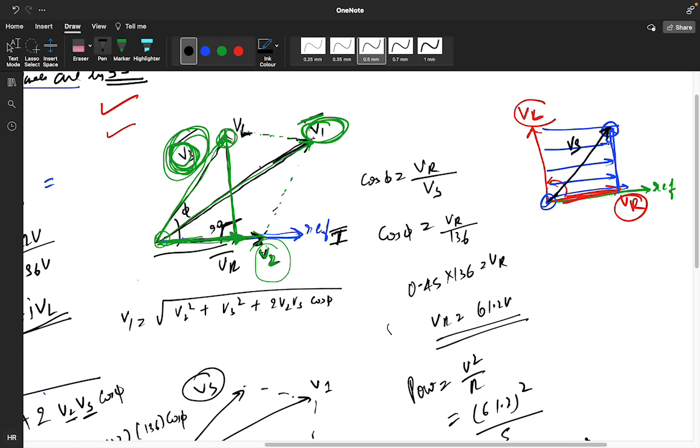A vector can be shifted upside, downside, so you can do it like this also. If you have VL, you make VR upside, and you have a head-tail path. From tail to head, you are getting V3. We can do it like this also.